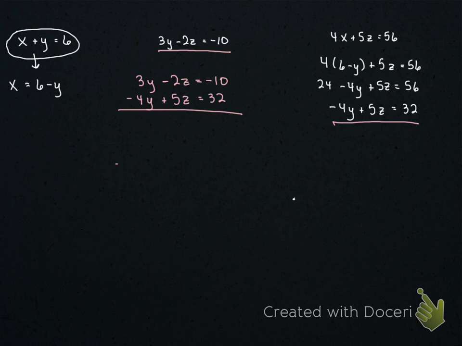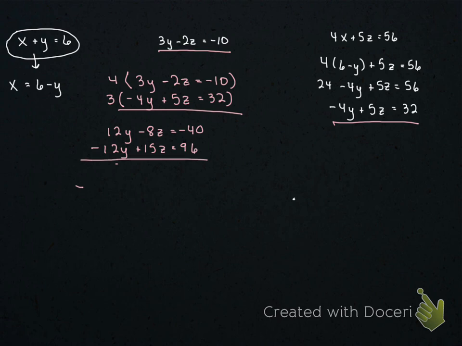If I do that, the least common multiple that both 3 and negative 4 go into evenly is 12. So I'll multiply the top equation by 4 and the bottom equation by 3. So I would get an entirely new system, distributing the 4 all the way through and then distributing the 3 all the way through.